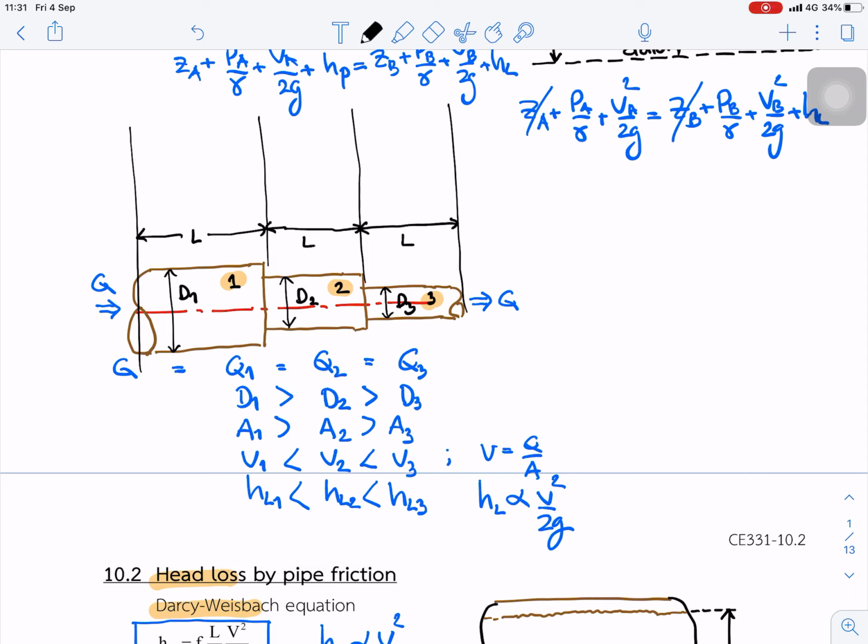okay, we can draw the hydraulic grade line and energy grade line. For the hydraulic grade line for pipe 1, pipe 2, and pipe 3, we expect that head loss 3 is greater than head loss 2 and head loss 1.